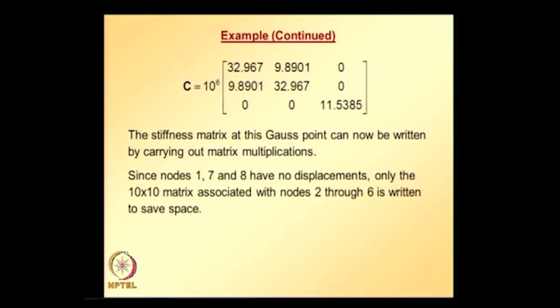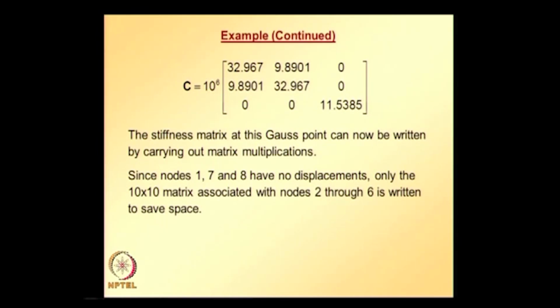Since nodes 1, 7, 8 have no displacements, only the 10 by 10 matrix associated with nodes 2 through 6 is written to save space. Basically, these nodes are fixed, since both degrees of freedom are constrained.